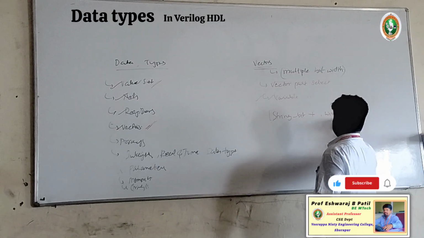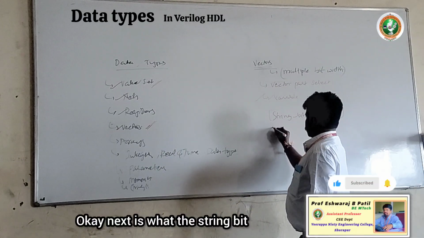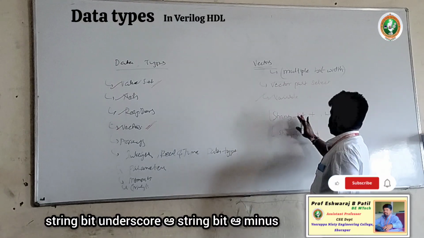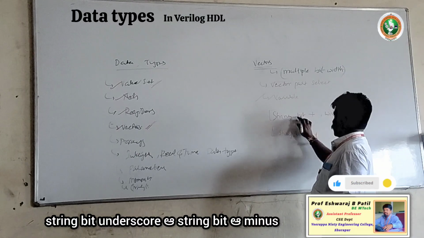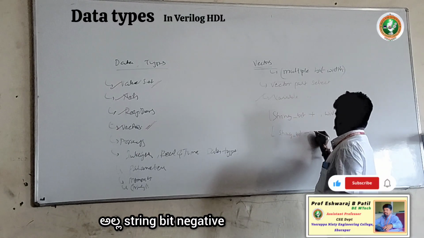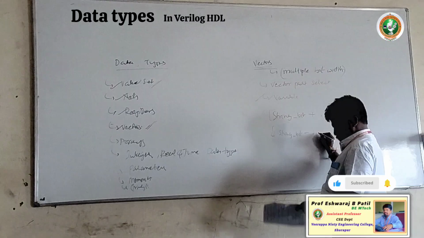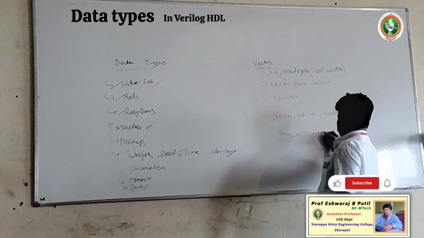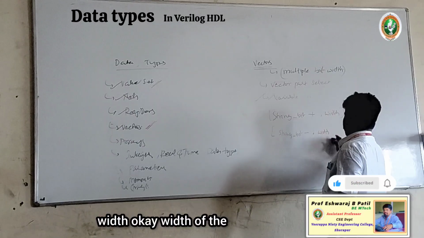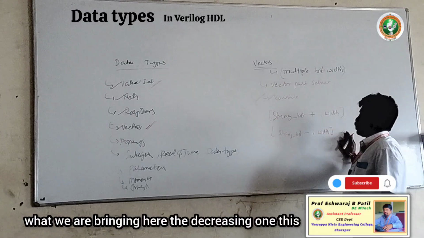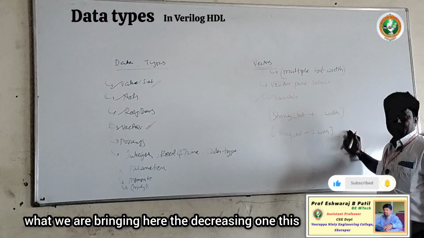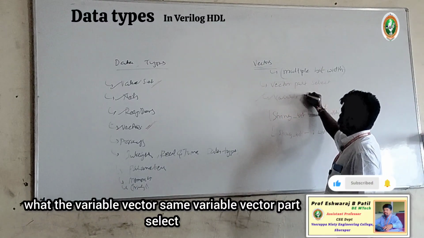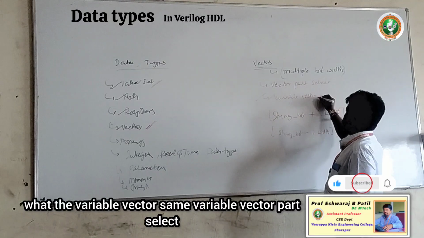Next is start bit minus, not semicolon, colon, width, inside the square brackets. This is what we bring here for the decreasing one. These are the variable parts, the variable vector part selector.